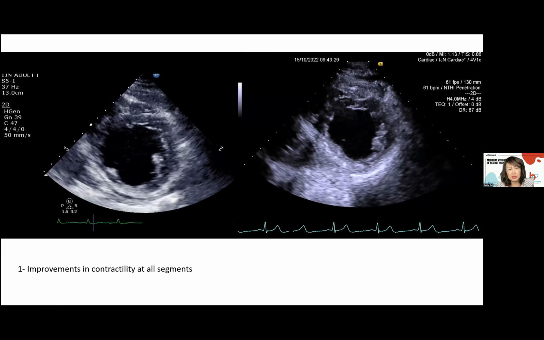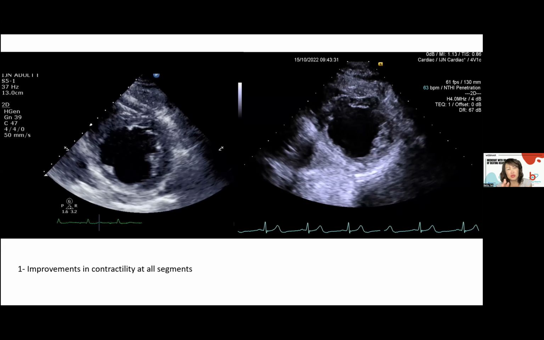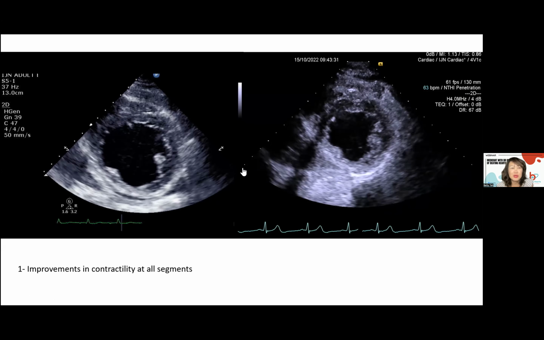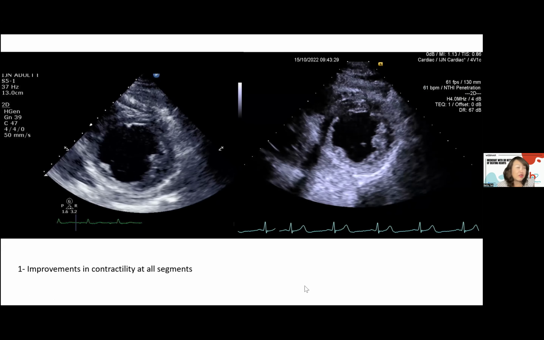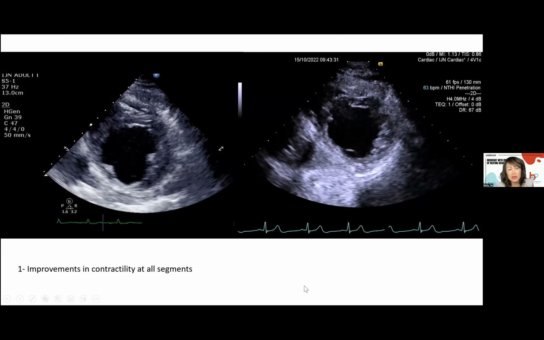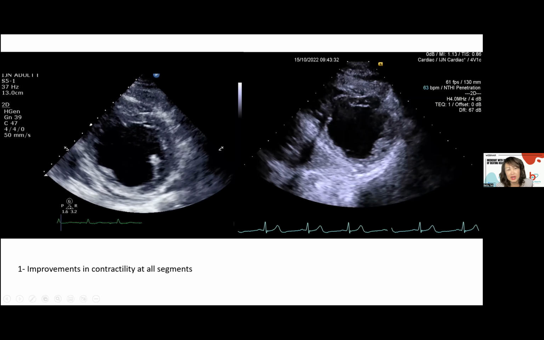And Dr. Aslanif has shown you the use of the new generation of heart failure treatment, where we have moved from ACE inhibitor to ARNI.